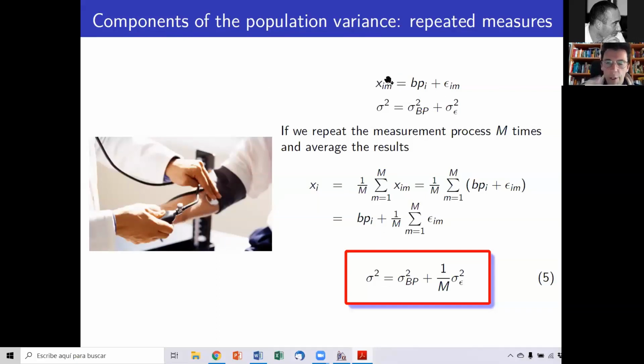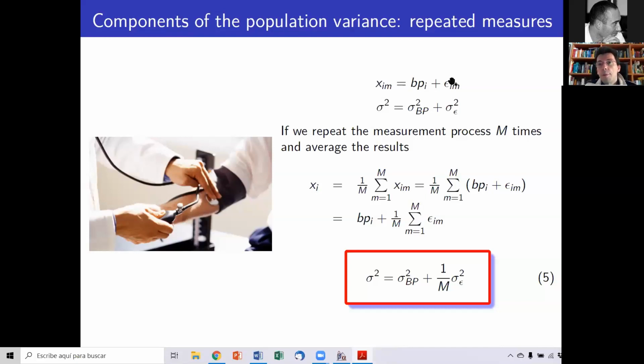For any particular individual, let's say individual I, it has a particular blood pressure, and I want to measure it. But every time I try to measure, I commit an error. And then this error will also go into my observation. So what I observe is the actual blood pressure plus my measurement error.